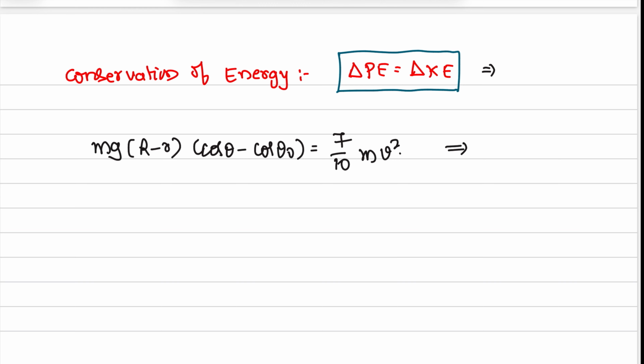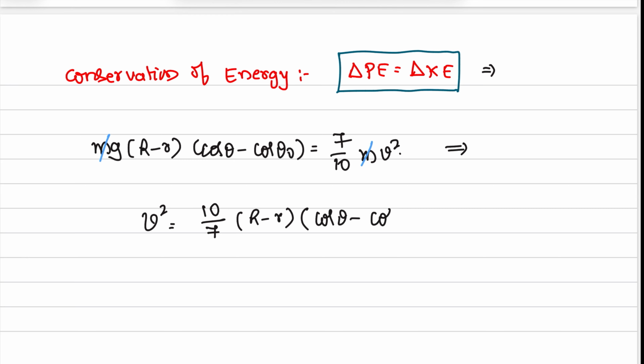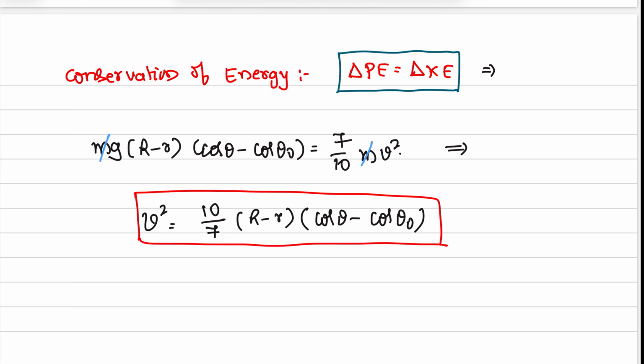That implies v square is equal to 10 by 7 into, m gets cancelled on both sides, R minus r into cos theta minus cos theta naught, and this is what is required to be proved. We have proved it.